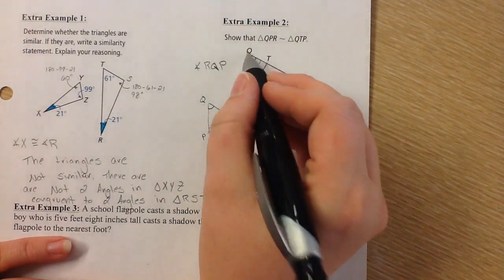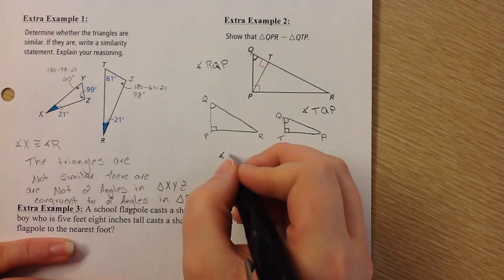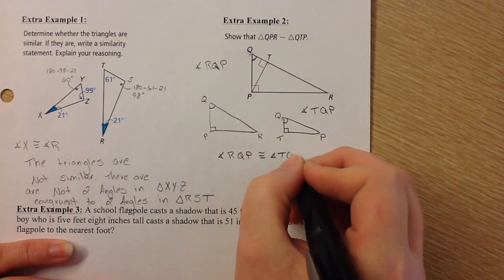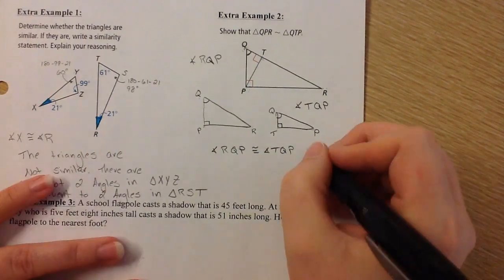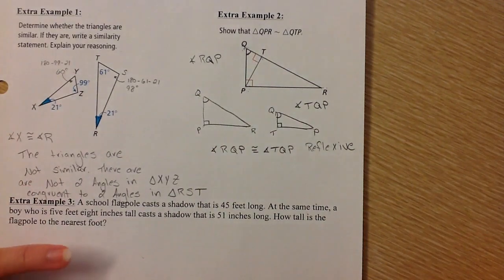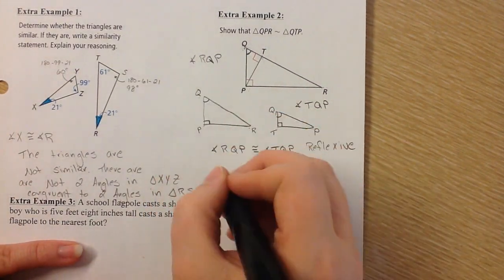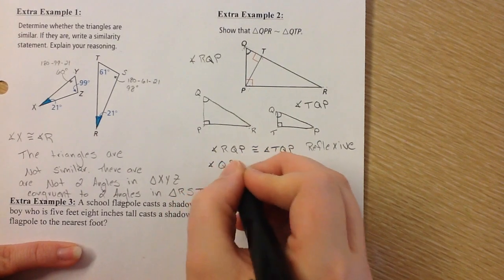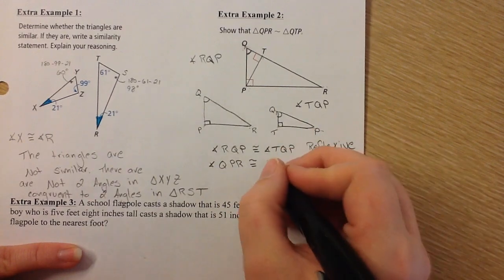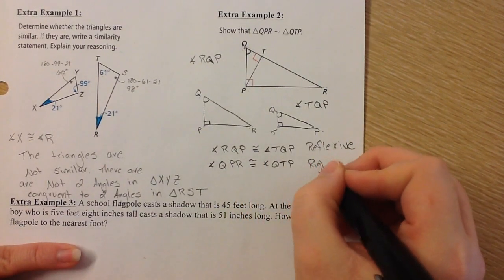So angle RQP is congruent to angle TQP by the reflexive property. We also have angle QPR, which is congruent to angle QTP because they're both right angles. Right angles are congruent.